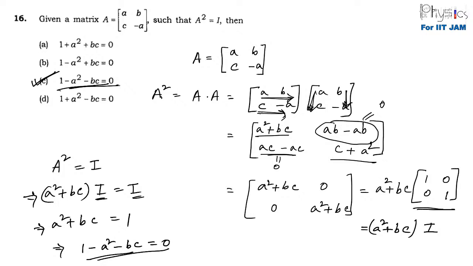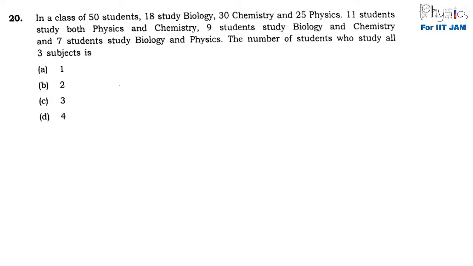So we are going to the next question. So this is our next problem. Here the question is, in a class of 50 students, 18 study biology, 30 chemistry and 25 physics. 11 students study both physics and chemistry, 9 students study biology and chemistry and 7 students study biology and physics.